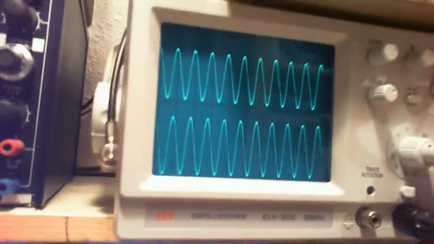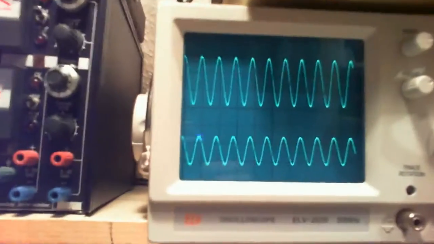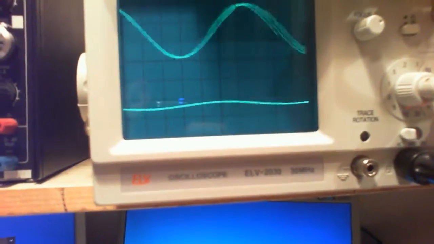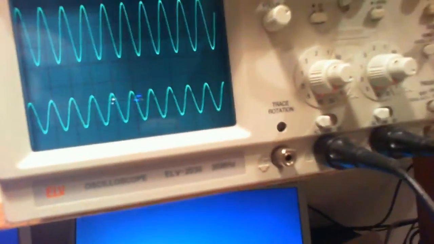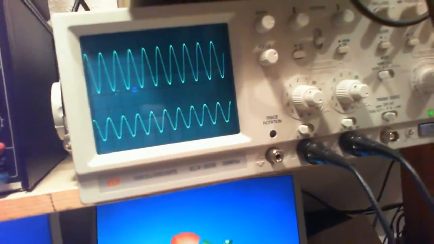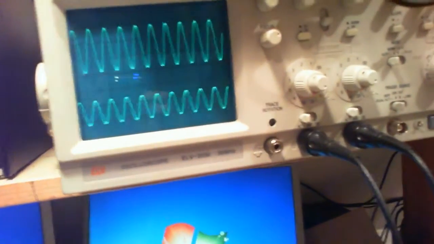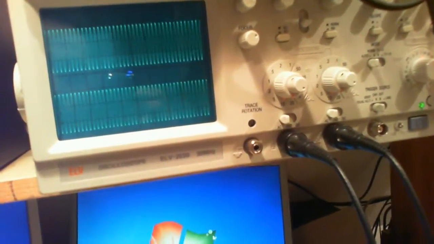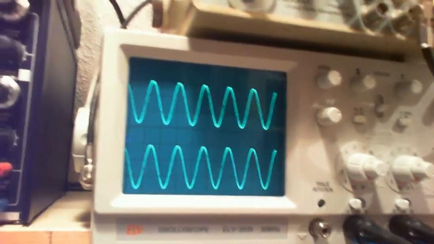Okay, make this a little bit smaller here, and go to the beginning of the range again, and multiply by 10, and now the frequency is still the same, 10 kilohertz, and then I start increasing the frequency. As you can see, my output is getting larger and larger.